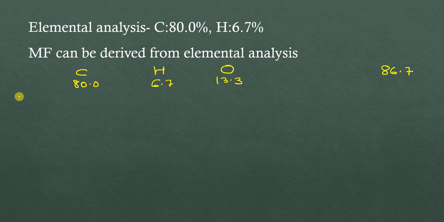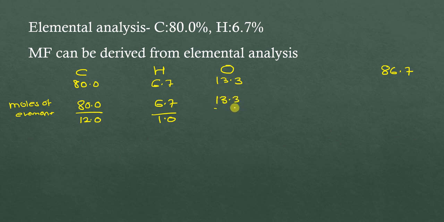Right. So if we assume 100 grams of compound, it contains 80 grams of carbon, 6.7 grams of hydrogen, and 13.3 grams of oxygen. Assuming this, we will calculate moles of these elements. For carbon, we get 80.0 divided by 12.0. For hydrogen, it will be 6.7 divided by 1.0, and for oxygen 13.3 divided by 16.0.